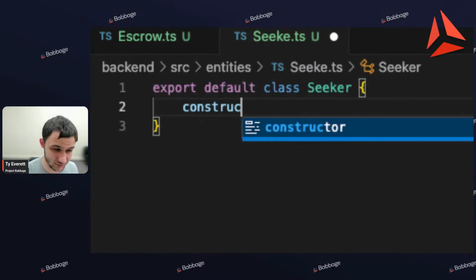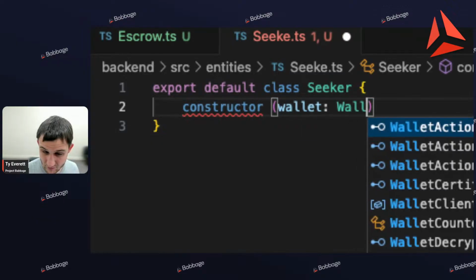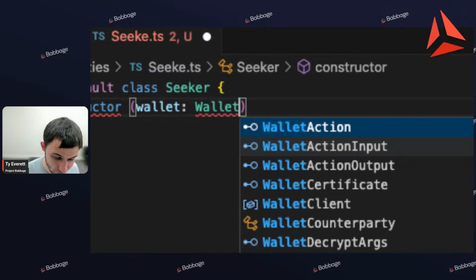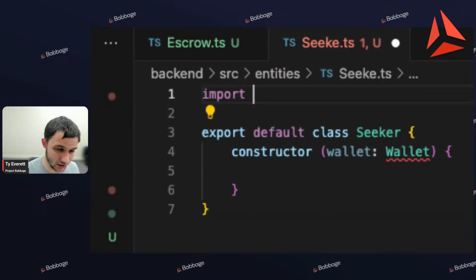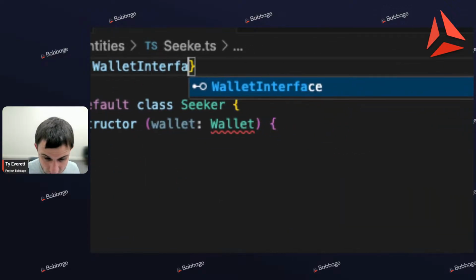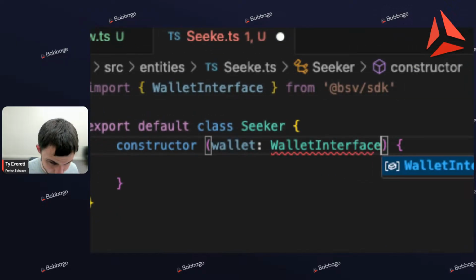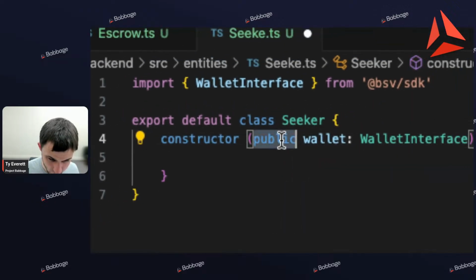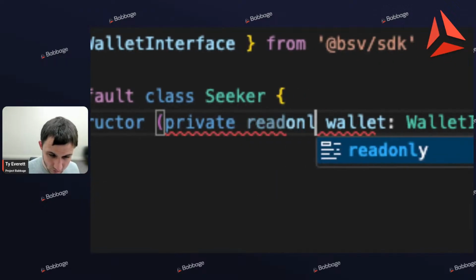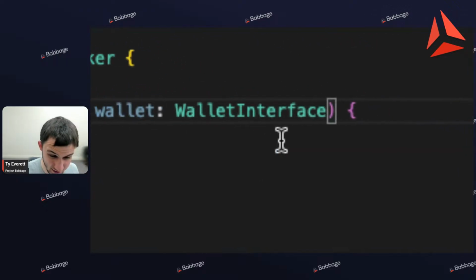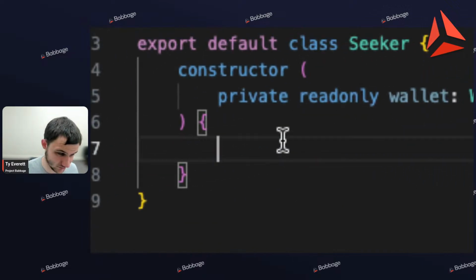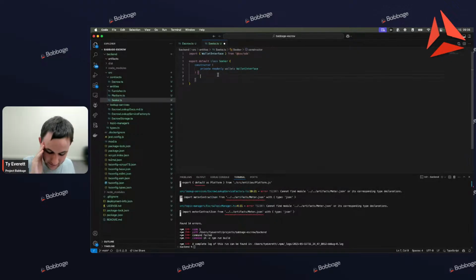A seeker has a wallet. And when we think of this first simple mode, we just need to write some initial code, right?